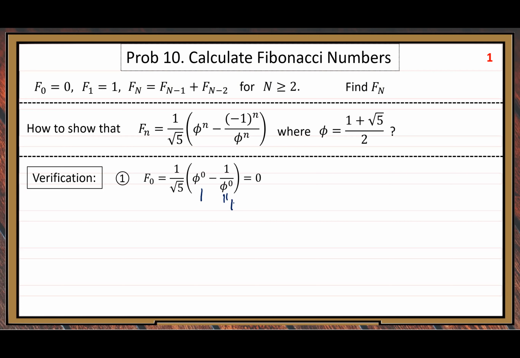So this verification is trivial. When we increase the number n, you will see the verification becomes harder and harder. Step two, this time we plug in 1 in our formula.